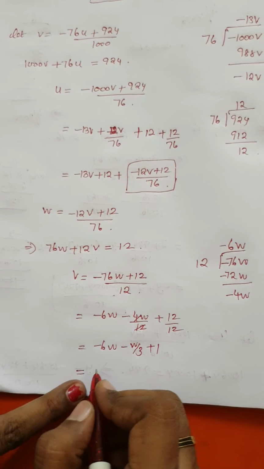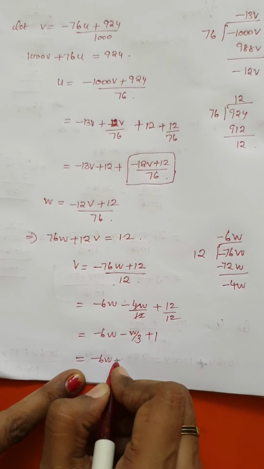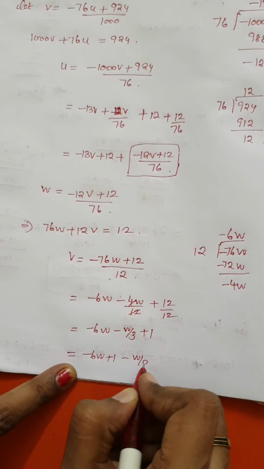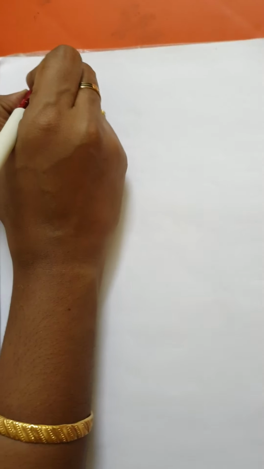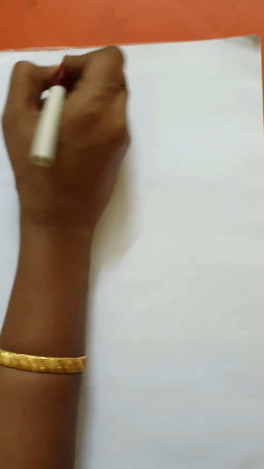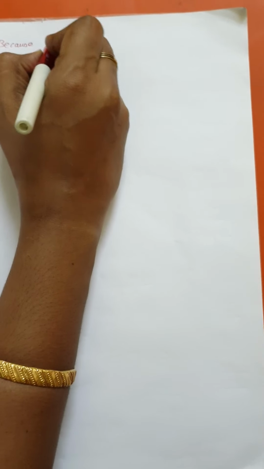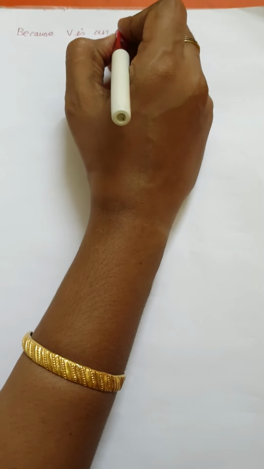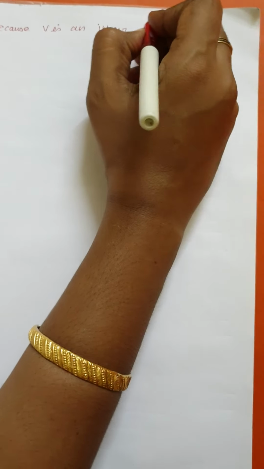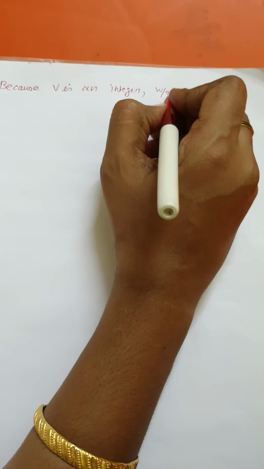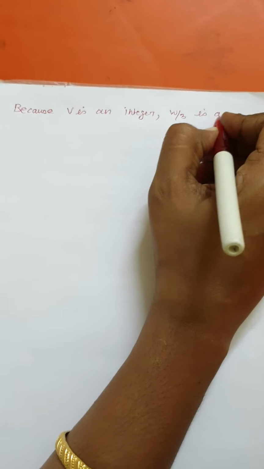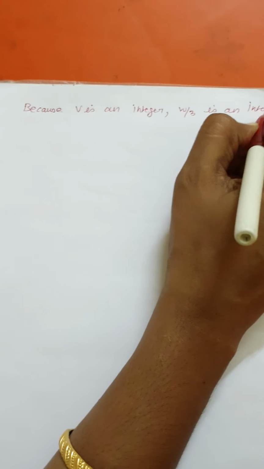Collecting the whole numbers one side, you will get minus 6w plus 1 minus w by 3. Because v is an integer, here w by 3 must be an integer.